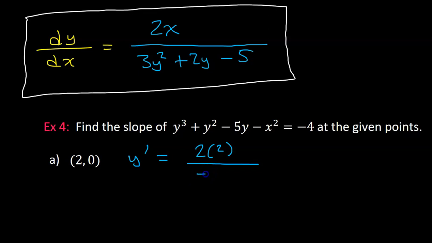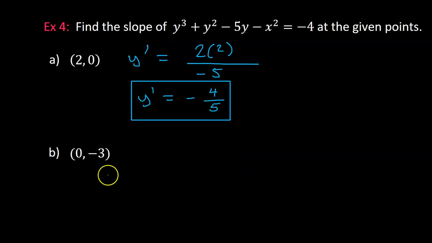And then I'm just going to have this -5 right here. So that's going to give us a slope of -4/5. Okay, so our guess was -1. It looked about -1. We can see that this is very close to that, but it's actually -4/5 slope.